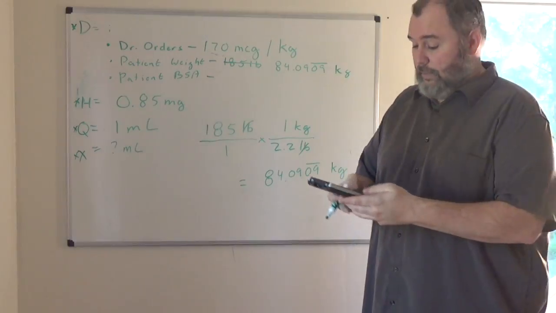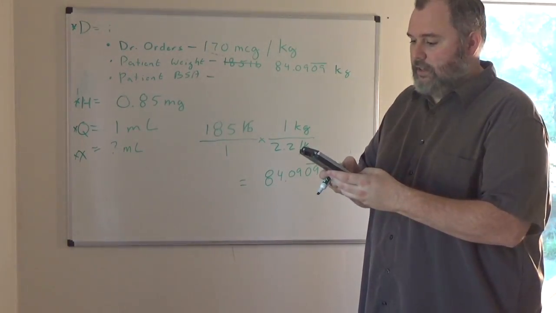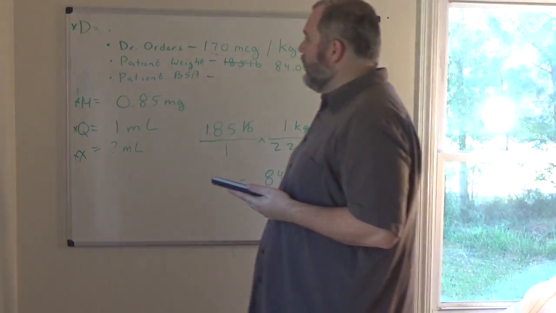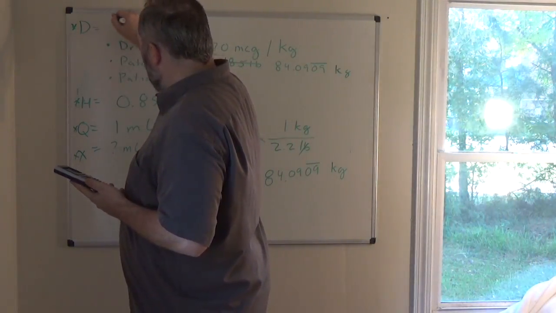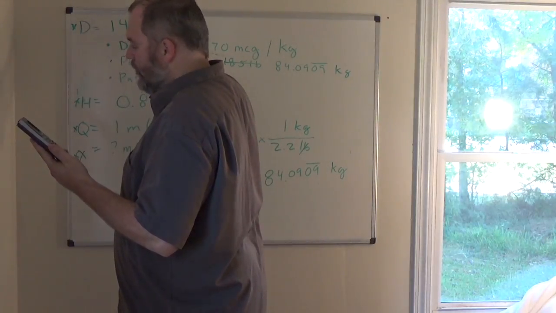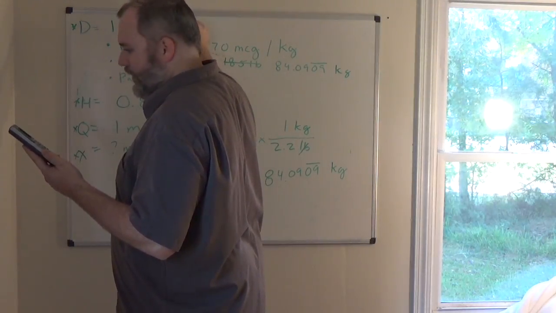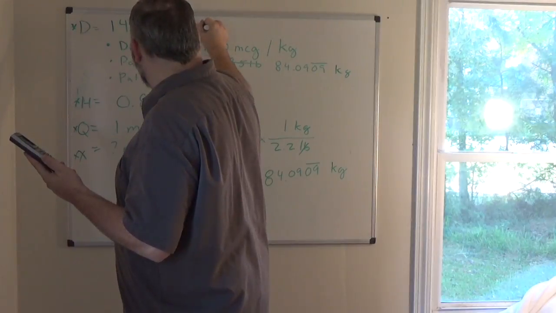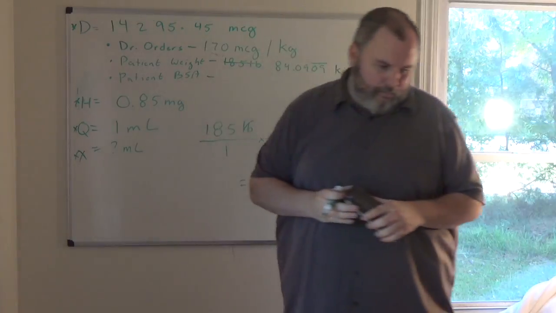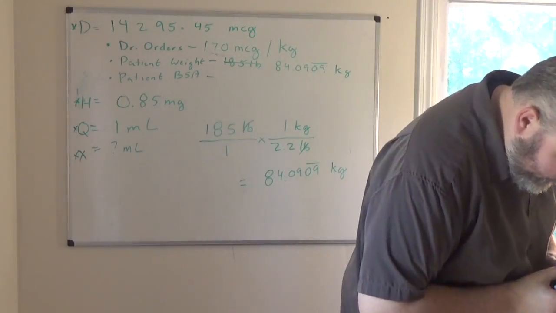Plug it in your calculator by hitting times 170. And then what you end up getting is another long number. We're going to say it's 14,295.45 micrograms.